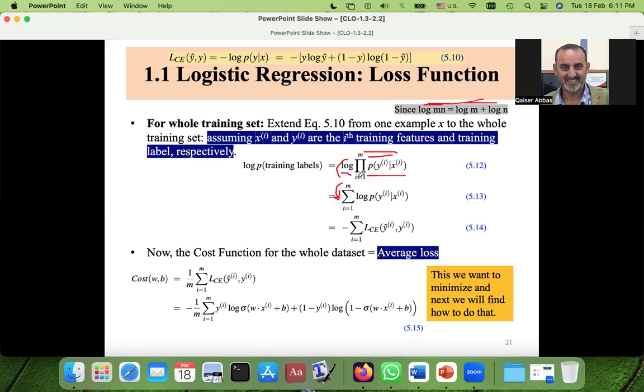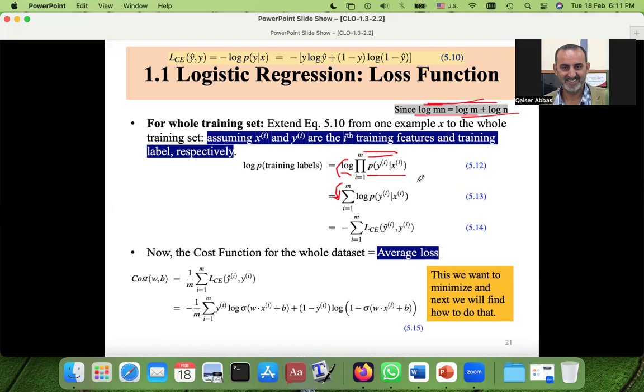So now this product is converted into sigma, summation i is equal to 1 to m, log p(yi given xi). You are separating by using this formula of log. Clear or not?